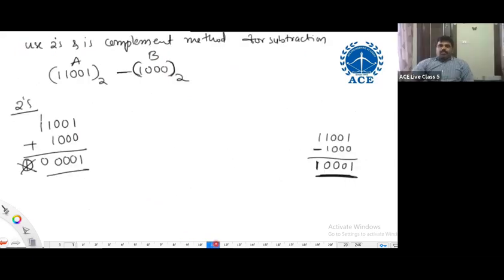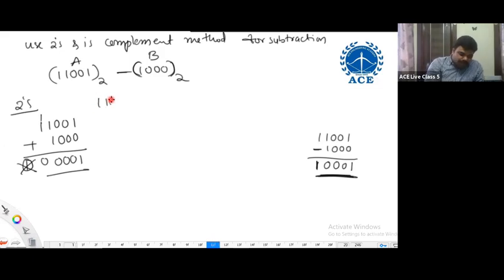Right. Here, what we mentioned, A plus 2's complement of B. Before using the procedure, what you must know is A and B must have equal number of digits, in binary, equal number of bits. Then only we get the correct result. So A and B are unsigned numbers. Then what should I do?